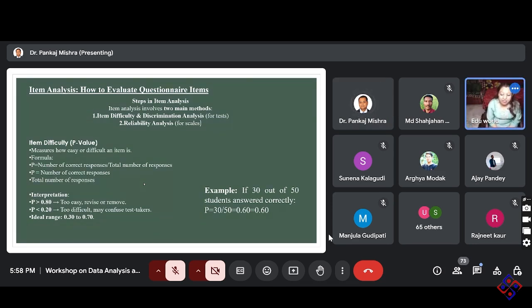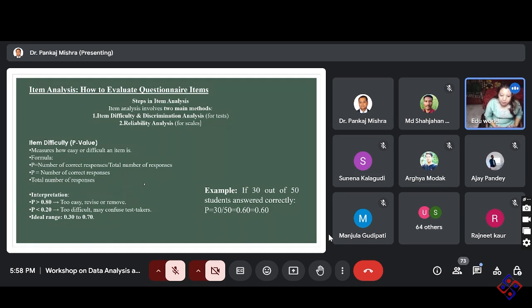No, statistically, as I have already told you, sir, when you are framing questionnaire items related with your academics, only then can you use this item difficulty. But when you want to test the tolerance level, for that you can't use item difficulty.